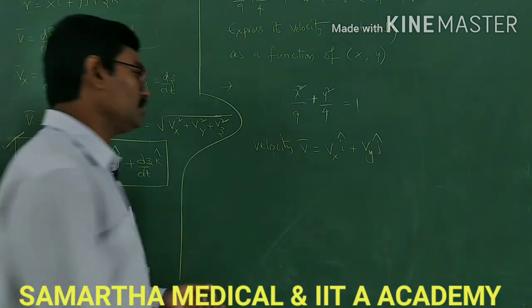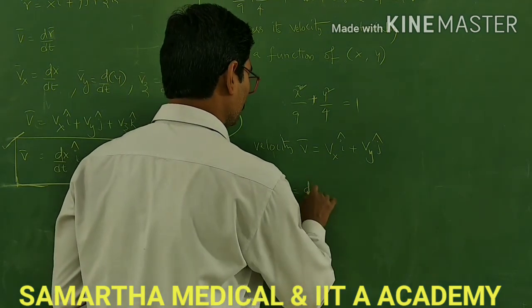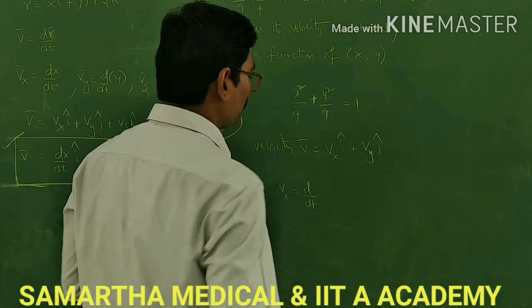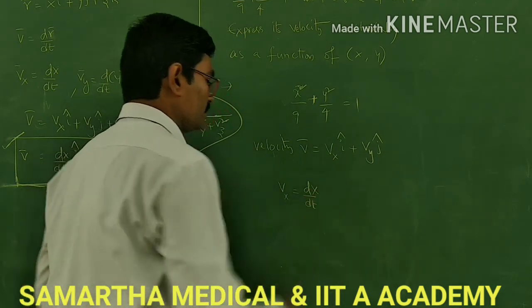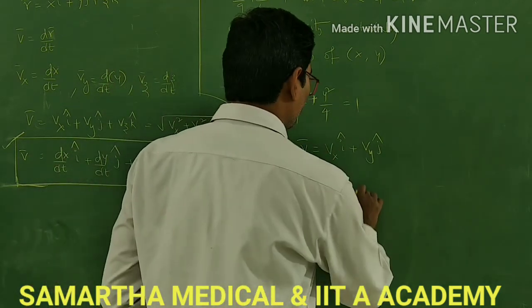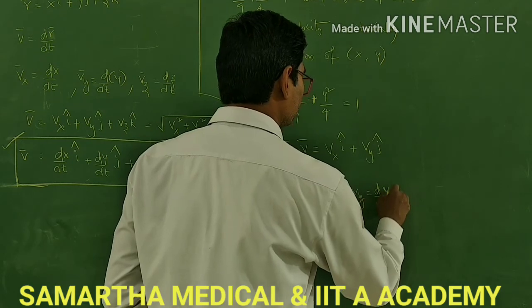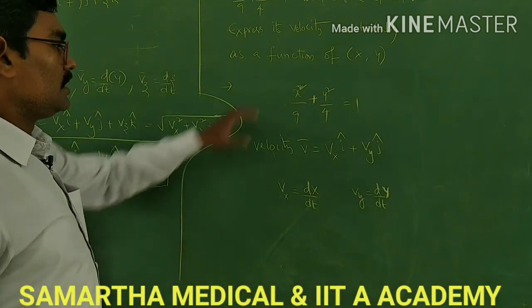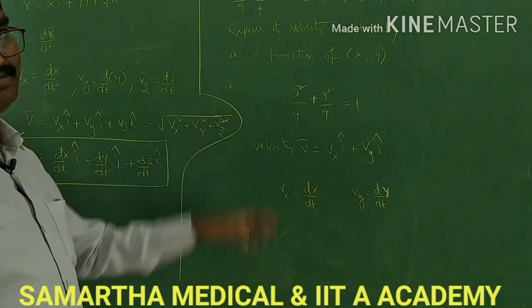So what I have to do? vx is equal to d by dt of x, and vy means d by dt of y. Now I am going to differentiate the above equation with respect to time.